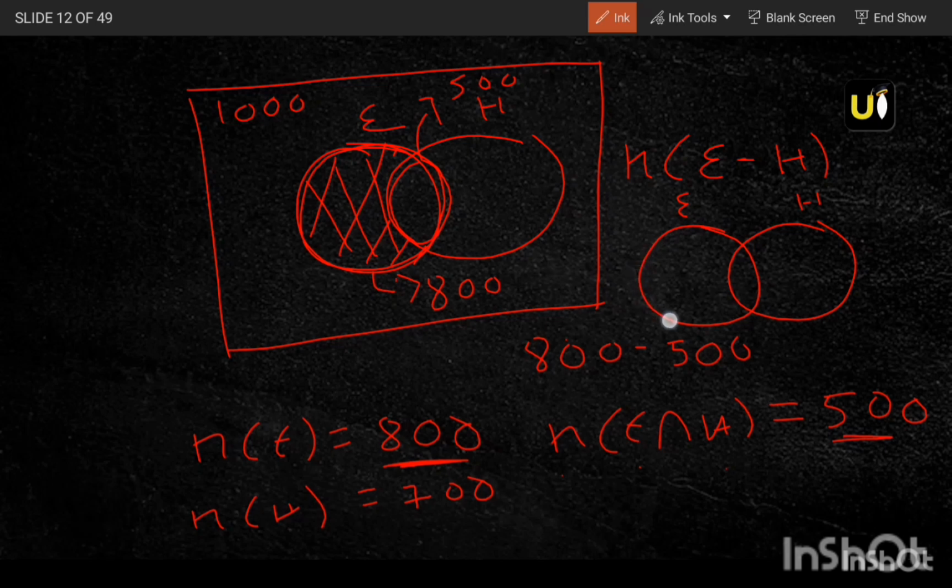This total circle represents 800, whereas this small intersection part represents 500. We want the remaining part of the circle. That means 800 minus 500. Totally 300 students like only English but not history.